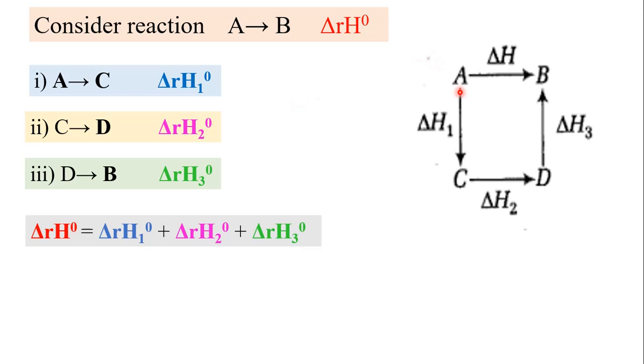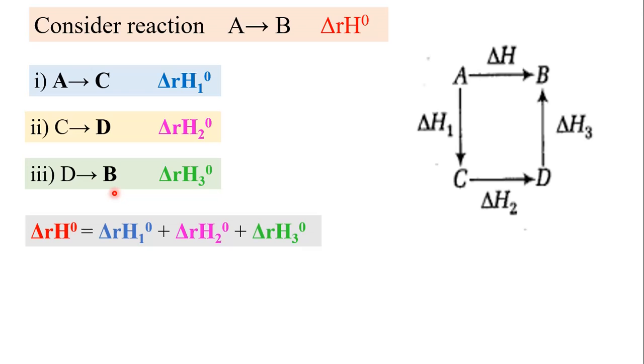Then A is first converted into C, C is converted into D, D is converted into B, or A is converted into B. Then according to Hess law of constant heat summation, the overall enthalpy change, that is ΔH°R, is equal to sum of enthalpy changes in individual steps.